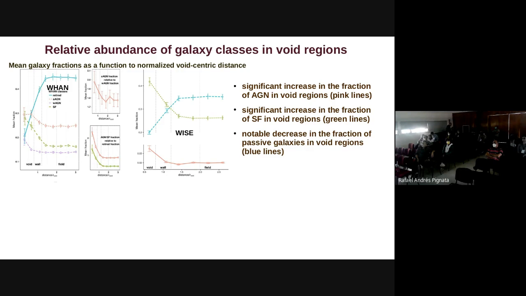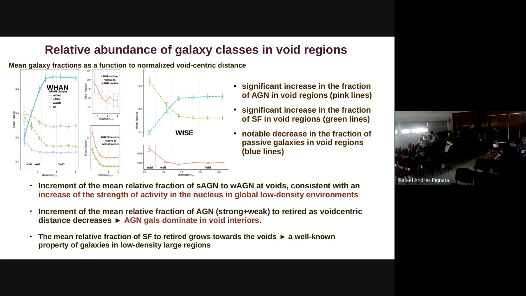For WHAN galaxies we also analyzed the relative fraction of strong AGN to weak AGN, that is in this upper panel, and we can note a notable increment of this fraction in void regions.